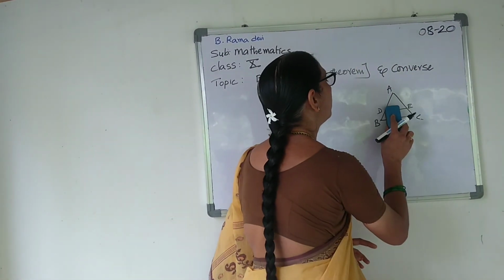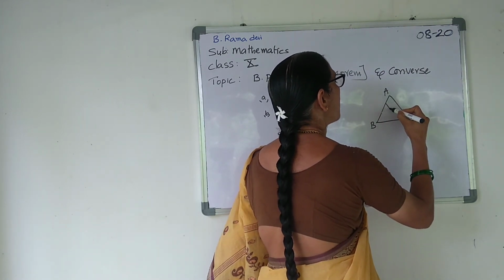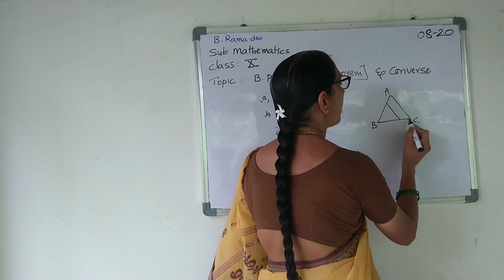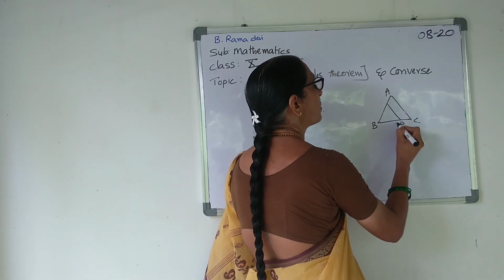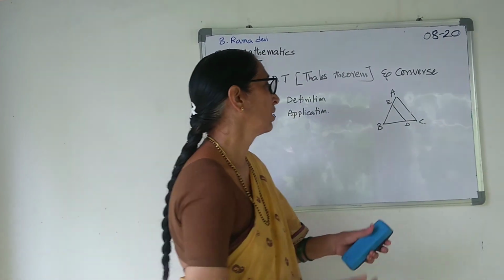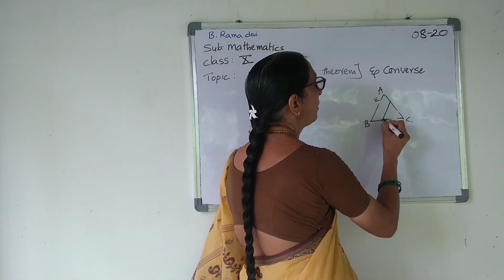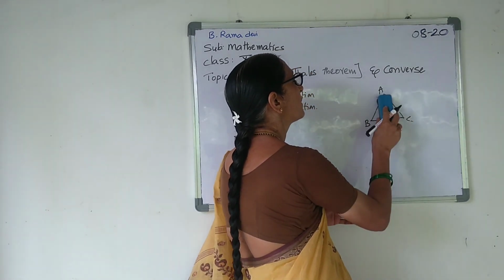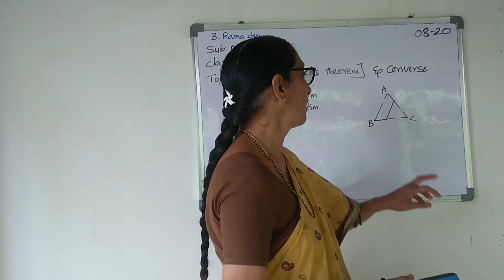If the line is parallel to AC, it divides the other two sides BC and AB in the same ratio. If the line is parallel to AB, then it divides the other two sides. What are the other two sides?